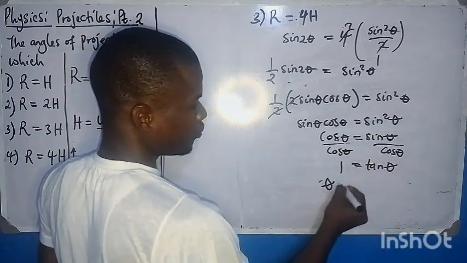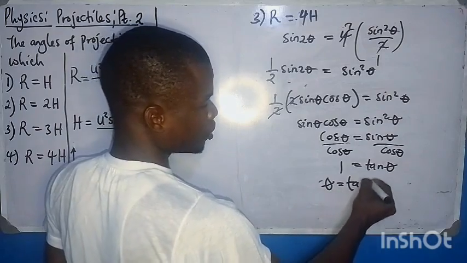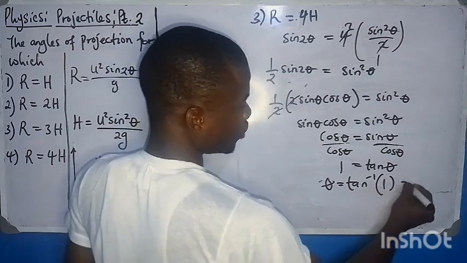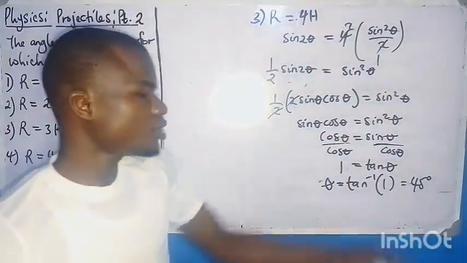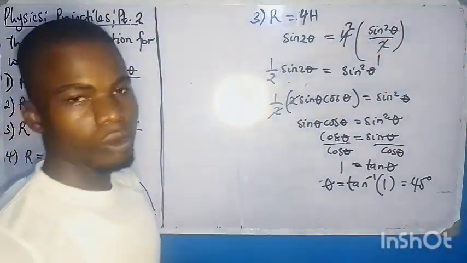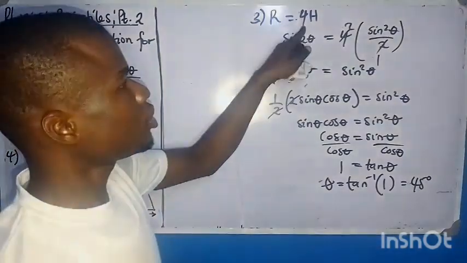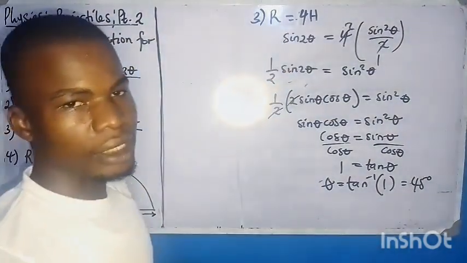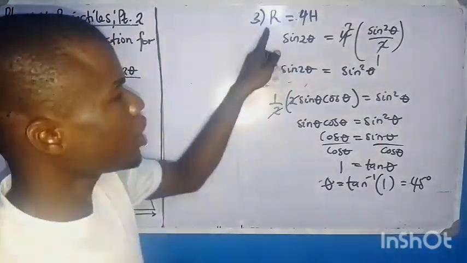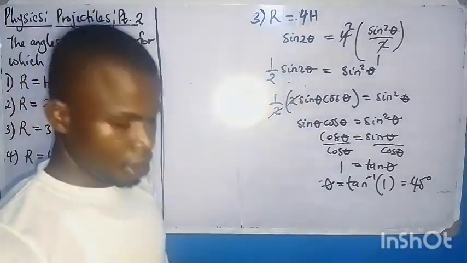And we find the tan inverse, so that the tan inverse of 1 will give us 45 degrees. Remember, we said that 45 degrees is maximum range. So at 45 degrees, we have the maximum range, which is 4 times the maximum height.